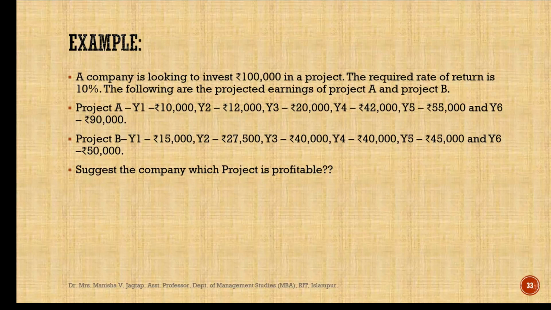As with project A, project B is giving us in the first year rupees 15,000, in the second year 27,500, third year 40,000, then fourth year rupees 40,000 again, in the fifth year rupees 45,000, and in the sixth year rupees 50,000. It is expected that you should suggest to the company which project is profitable.